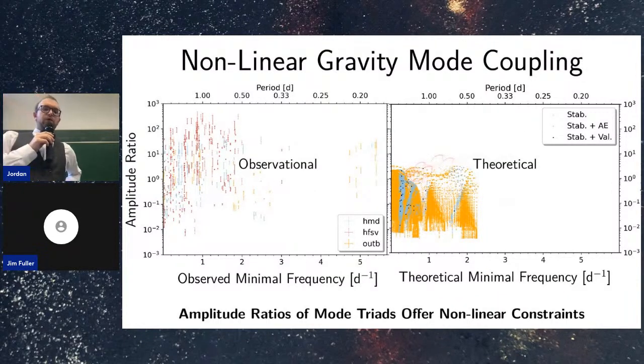But what is most important, I think, from this line of work is that we look at what the theory can predict in terms of ratios of amplitudes between the modes in these combinations of three signals, and then compare that with what we can observe, and find that there's quite some overlap between these specific regions. So these amplitude ratios of mode triads can offer some constraint with respect to the amplitudes that we can observe.